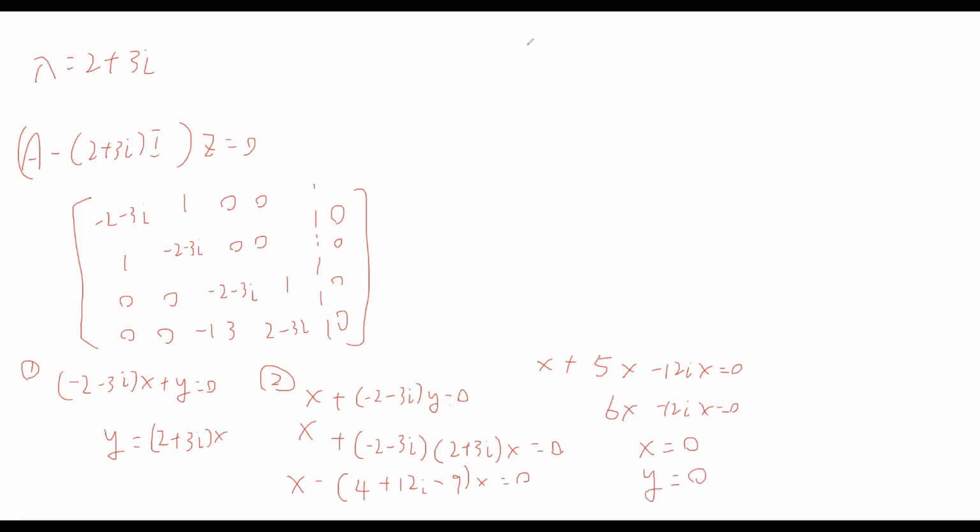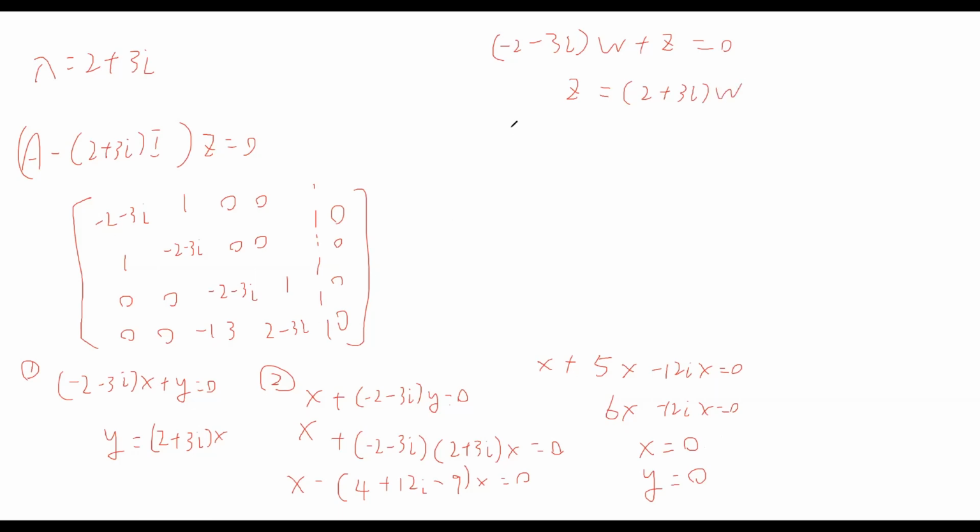Okay. All right, now let's look at z and w. So we have -2 minus 3i w plus z is equal to 0. And again, we can write z is equal to 2 plus 3i w. All right, plug it into here.